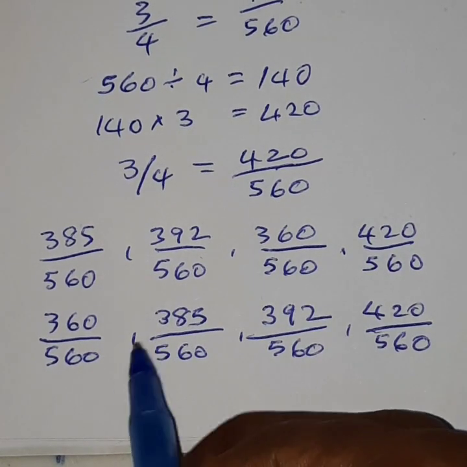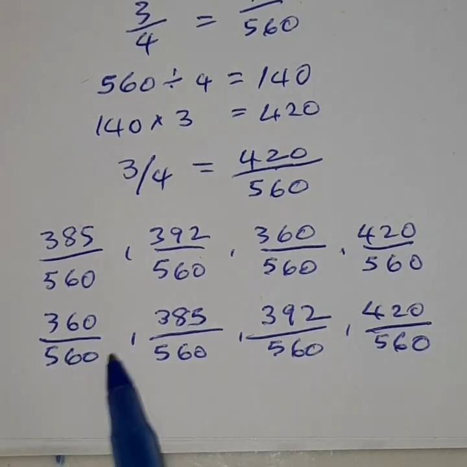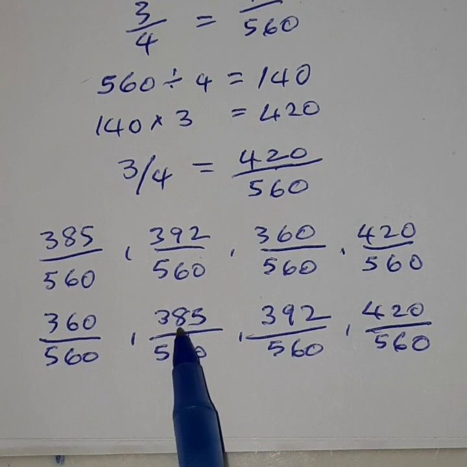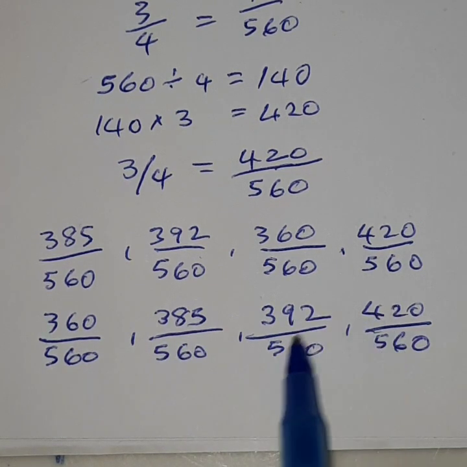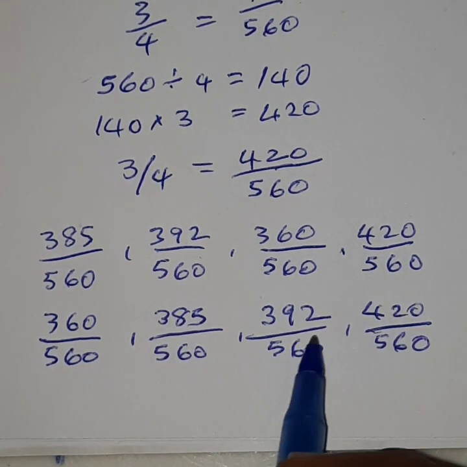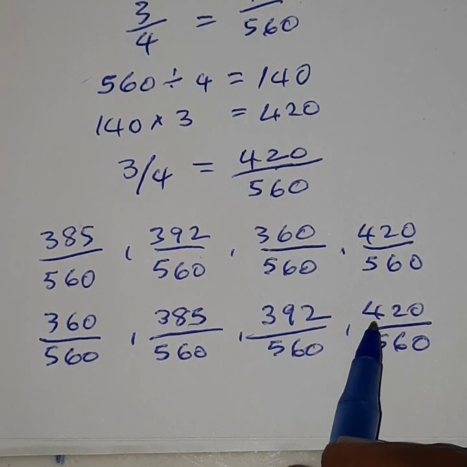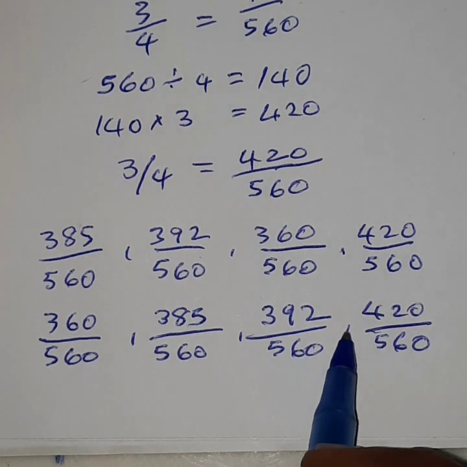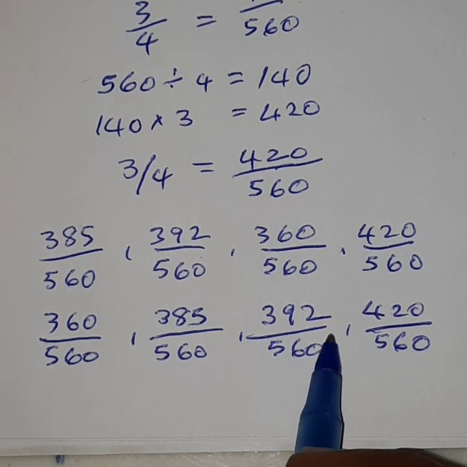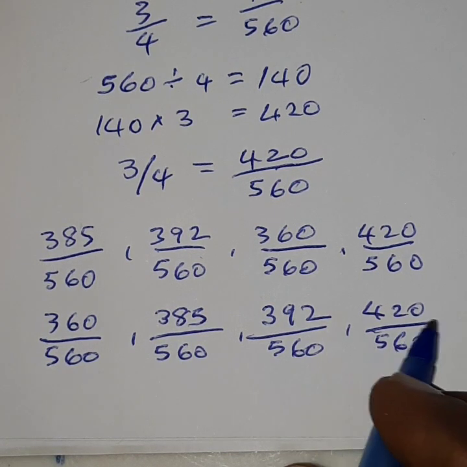Now we have these fractions in order: 360, 385, 392, 420. Now we're going to match the original fractions with these expanded fractions to see how the order is set.